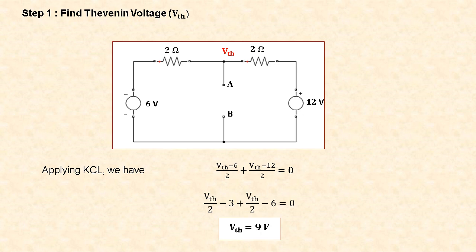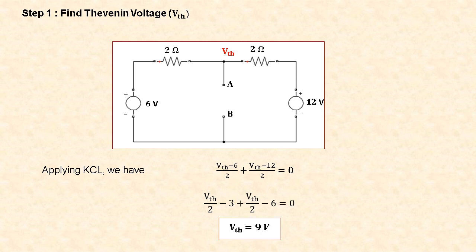First step is to find the Thevenin voltage. For that we have to find the open circuit voltage across the terminals A and B. This is VTH. So applying Kirchhoff's current law, we have (VTH minus 6) divided by 2 plus (VTH minus 12) divided by 2 equal to 0, because these two currents are leaving currents and there is no entering current.